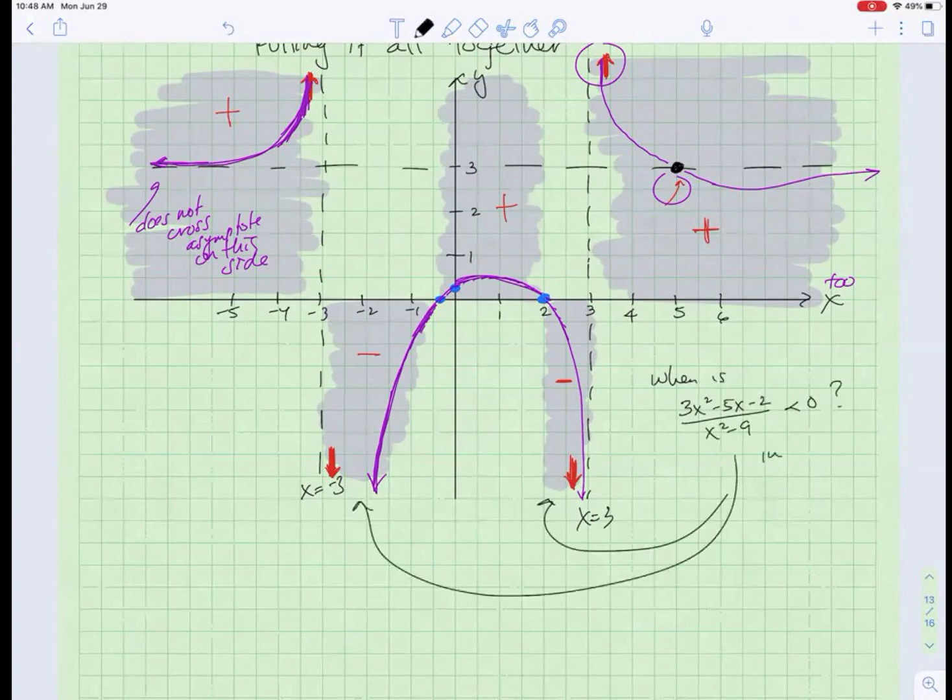In the regions below the x-axis, which also happens to be -3 to -1/3 and 2 to 3. So you can do this kind of thing visually if you have a graphing calculator. You can obviously graph these and find the zeros and the asymptotes, and it's really based off of the zeros and the asymptotes.